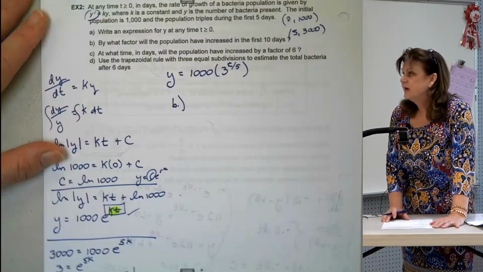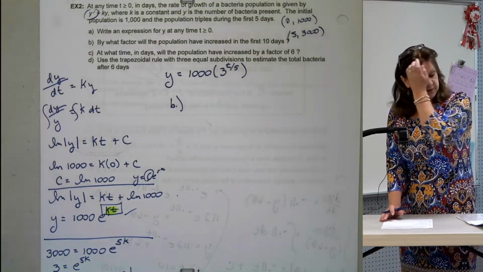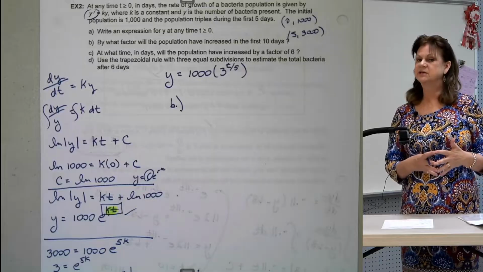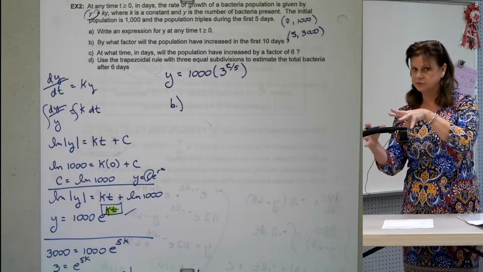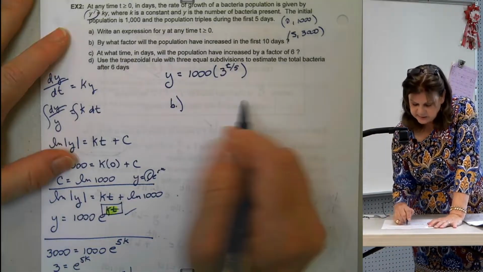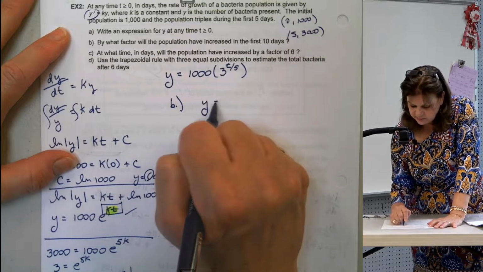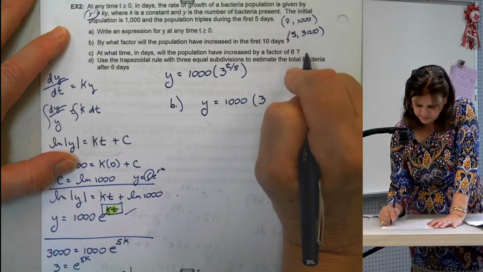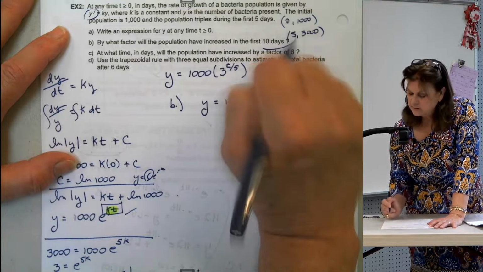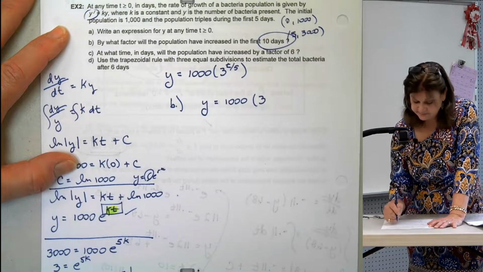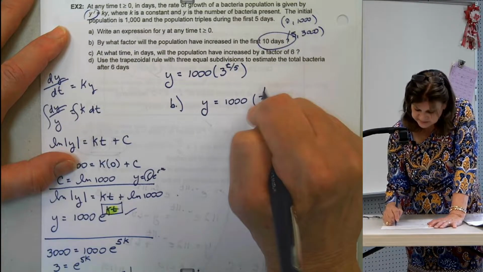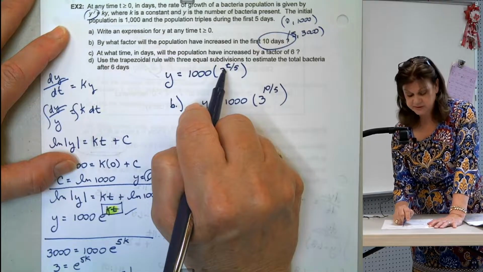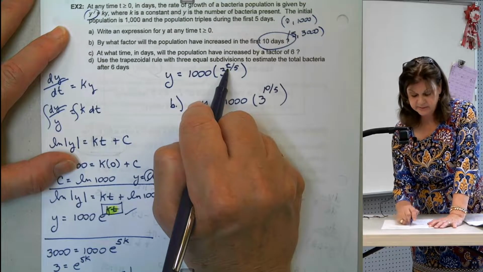By what factor will the population have increased in the first 10 days? So what are they giving me? Well, they're asking me what y will be after a time period of 10. So let's use our equation. y equals 1,000 times 3 to the... t is 10. So I have 10 divided by 5, because that's the only variable I have in this equation. The t is right there, and I'm solving for the y.